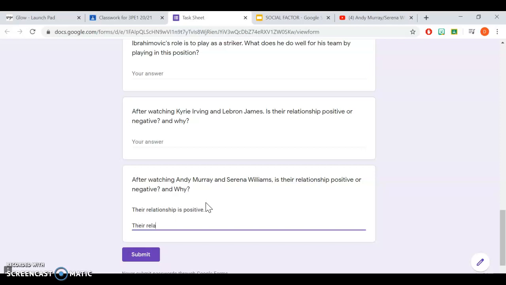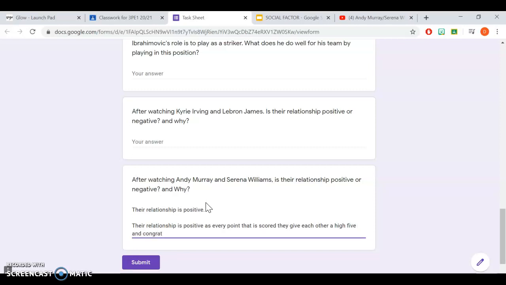So their relationship is positive as every point that is scored, they give each other a high five and congratulate each other, even if they don't win the point.